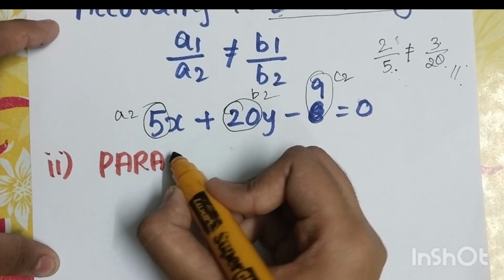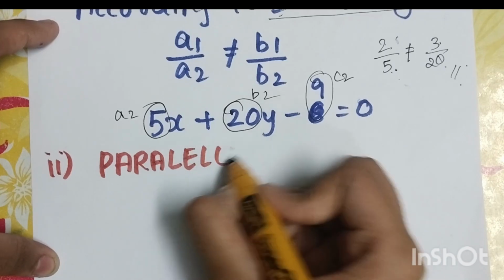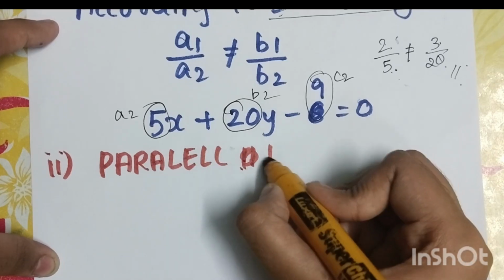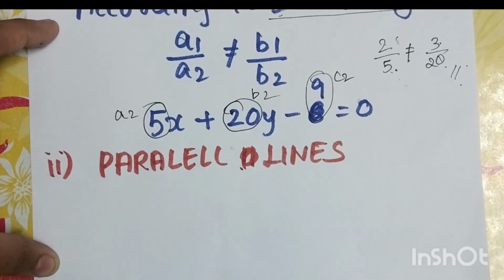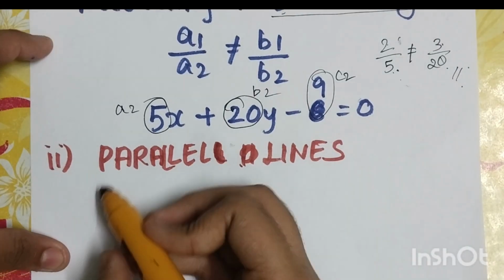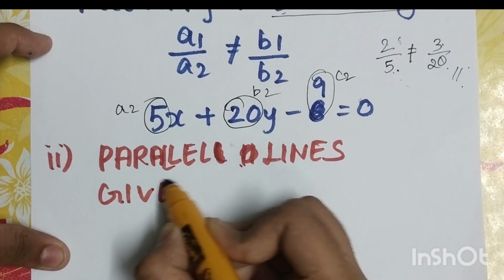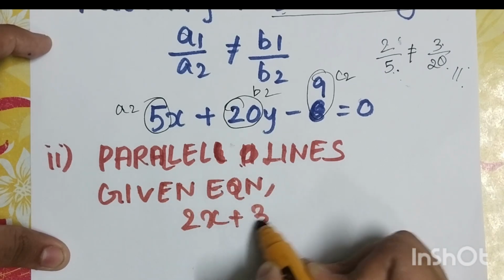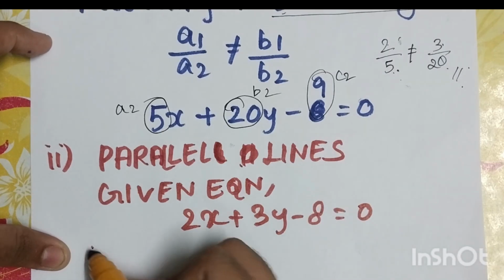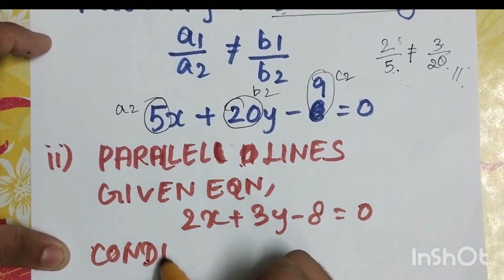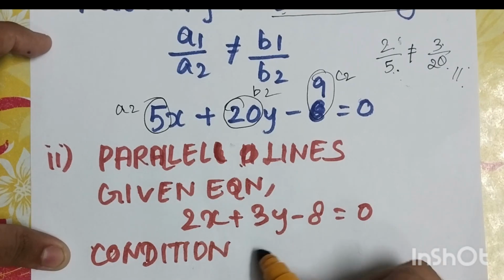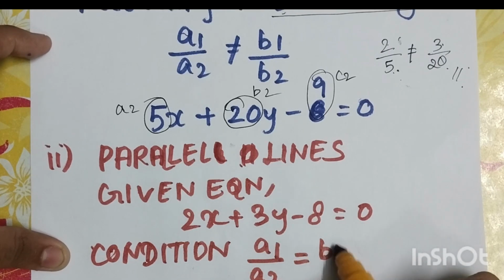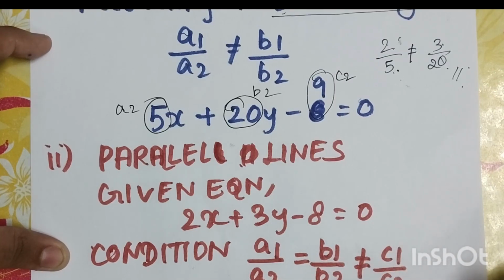Parallel lines we are going to see. So the given equation is my same equation, 2x plus 3y minus 8, and my condition for parallel lines is nothing but a1 by a2 is equal to b1 by b2, but it is not equal to c1 by c2.